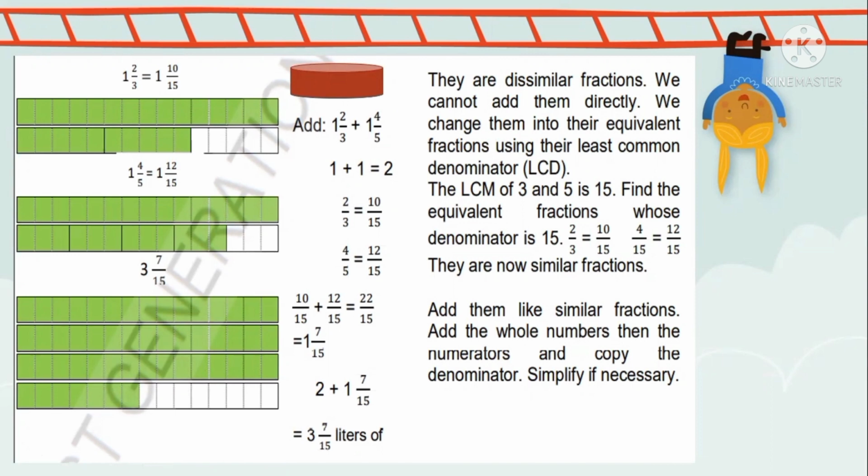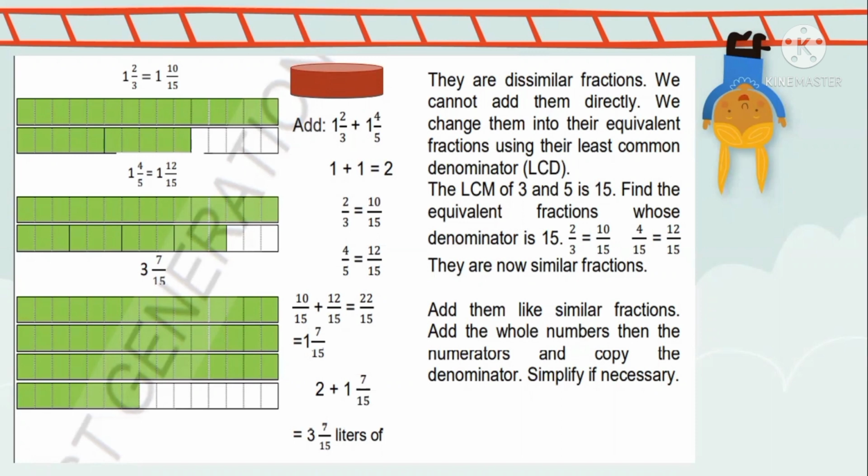is an improper fraction. So again, we are going to change that into a mixed number. So 22 divided by 15 is 1, and it gives us a remainder of 7. So 22/15 will be equal to 1 and 7/15.